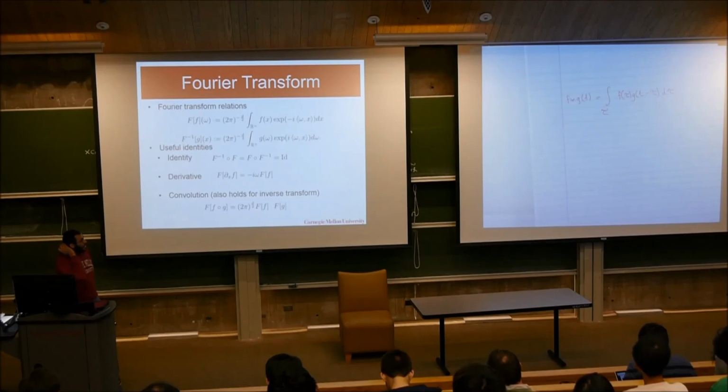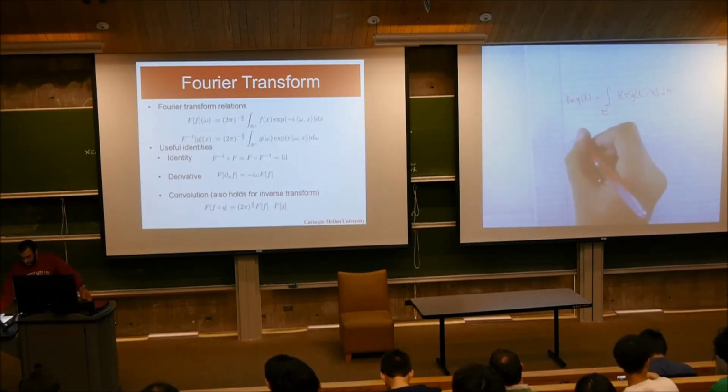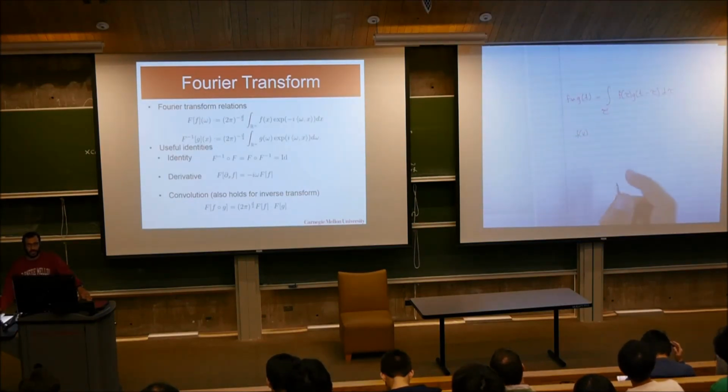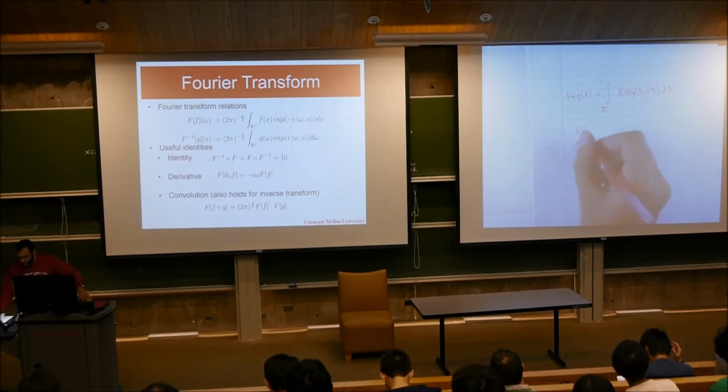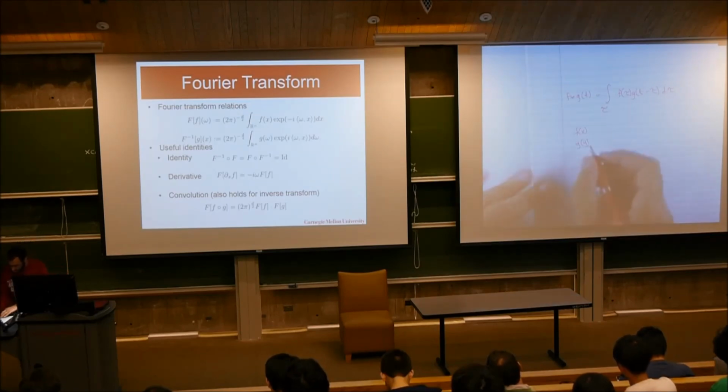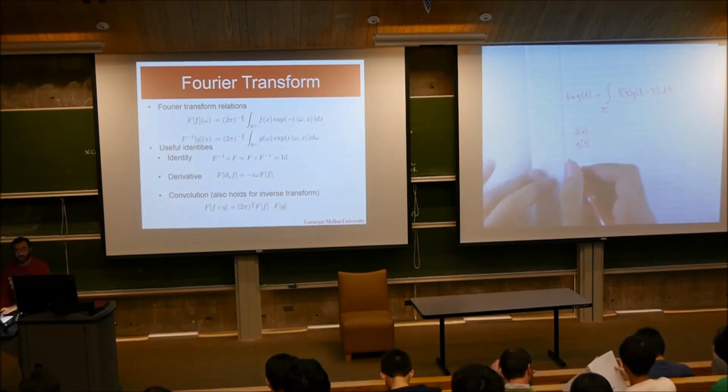Now, suppose I have two independent random variables, and f of x is the PDF of the first random variable, g of y is the PDF of the second random variable, and I want to compute the PDF of their sum.